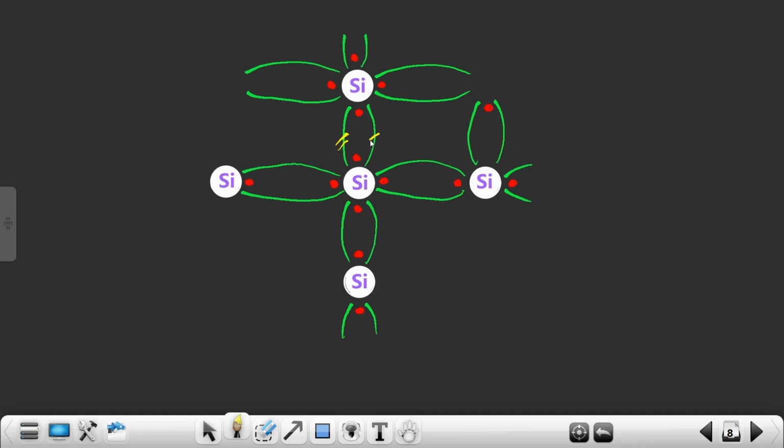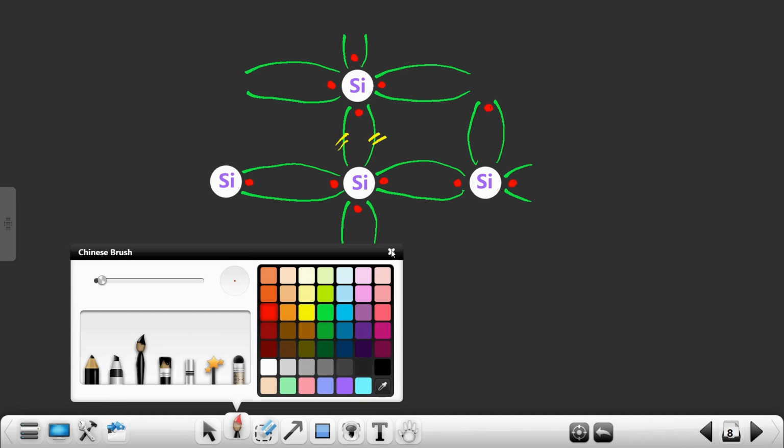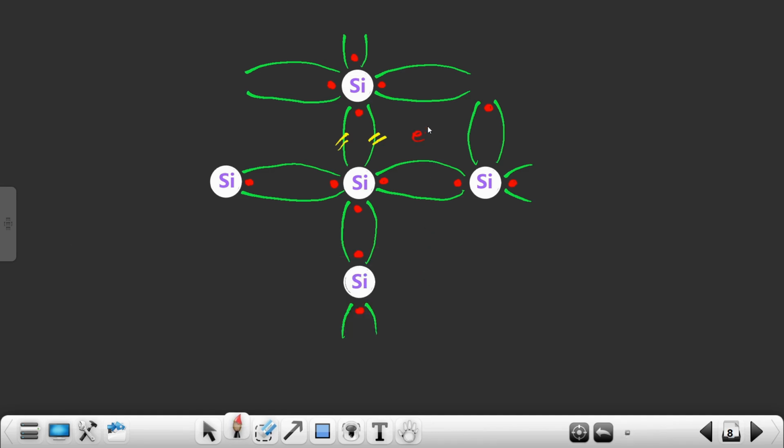This bond will break, and the electron that was present over here will jump out and come somewhere over here. So now this particular electron is completely free to move anywhere.